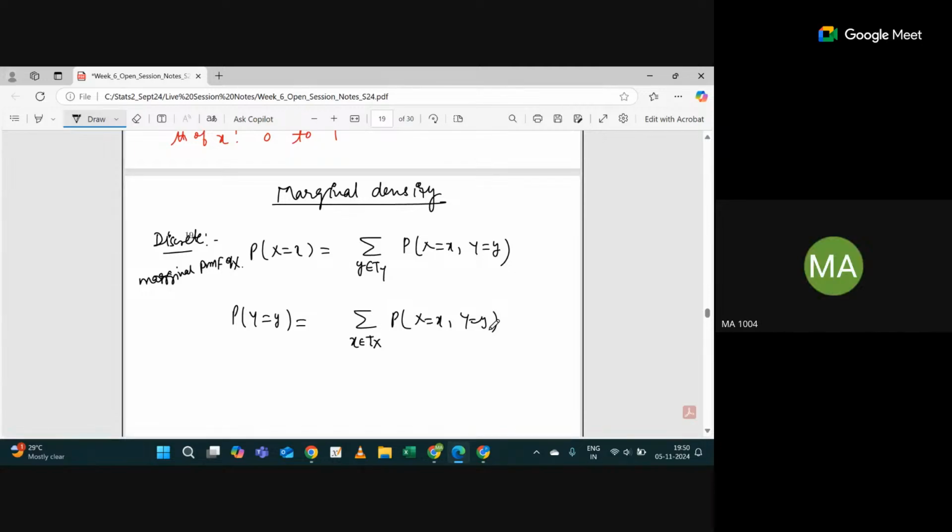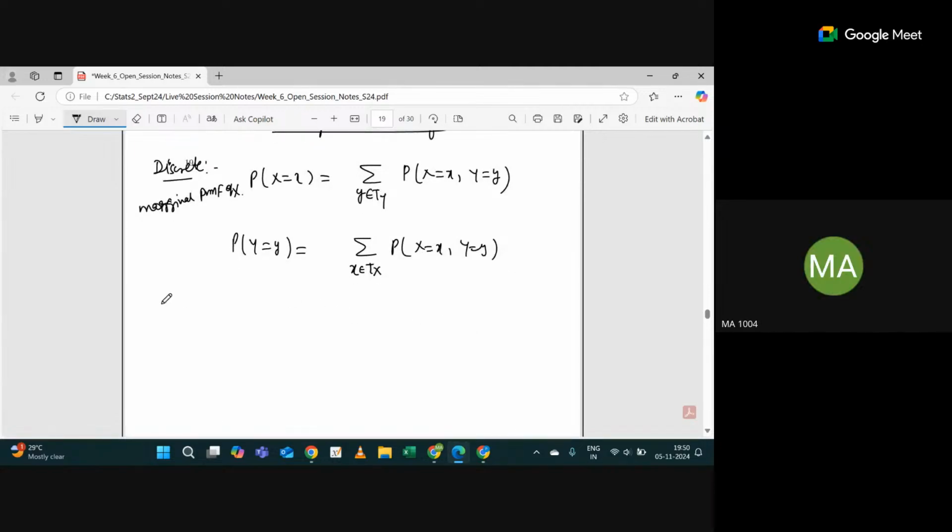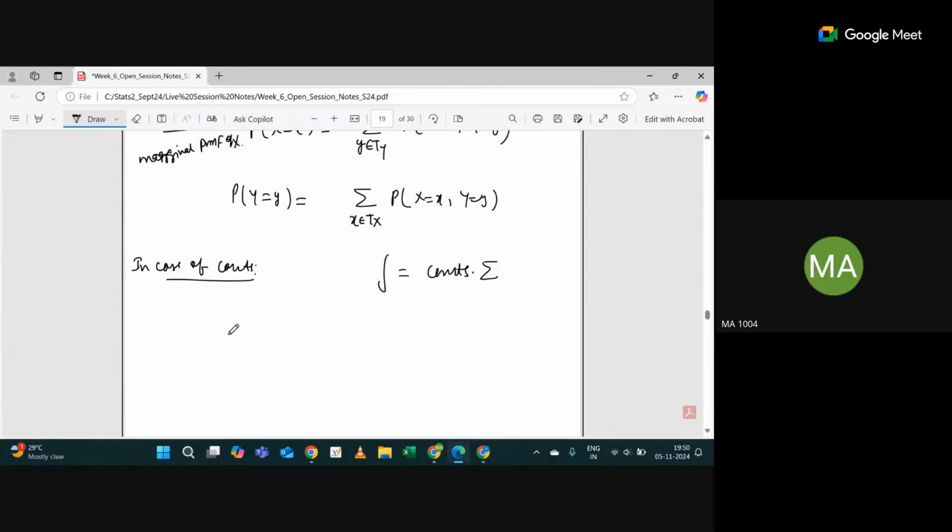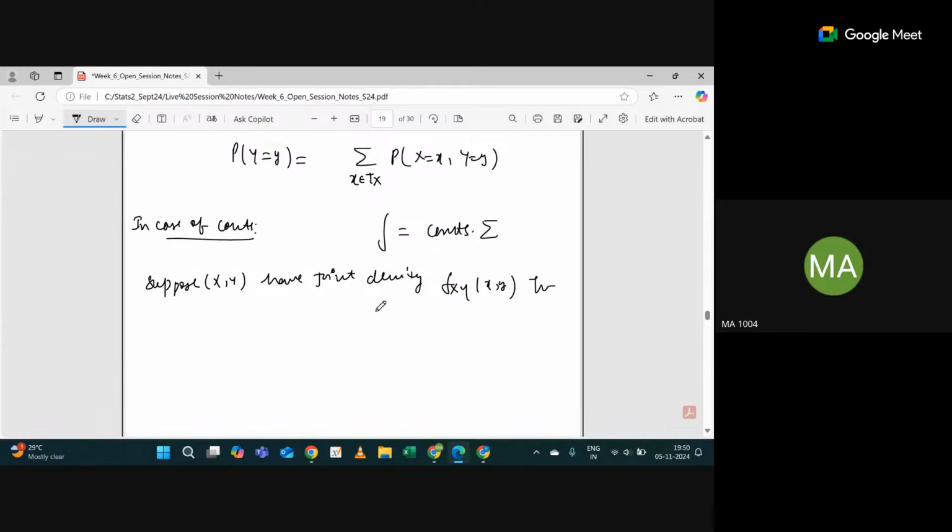Okay. Now, as we know, in the continuous case, the integration sign is nothing but a continuous summation, right? Suppose X, Y have joint density f_XY(x, y).